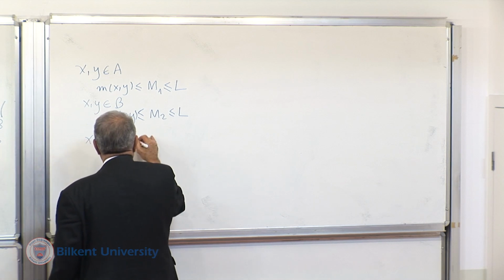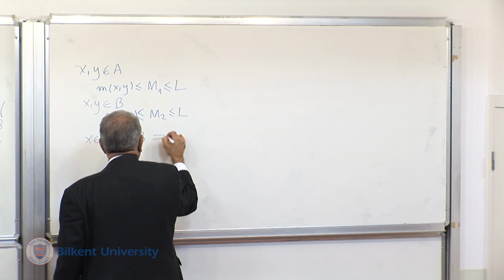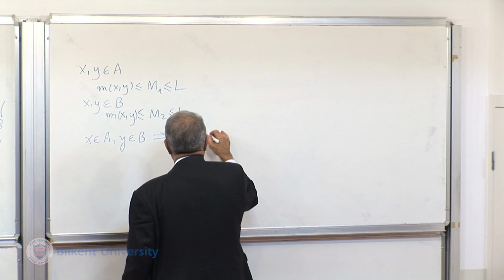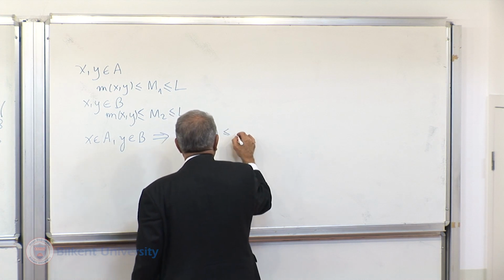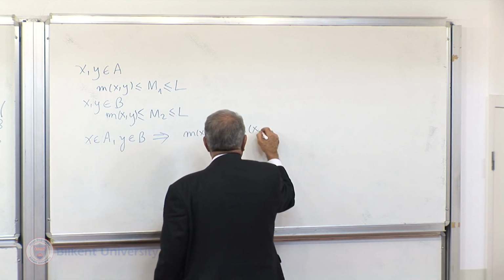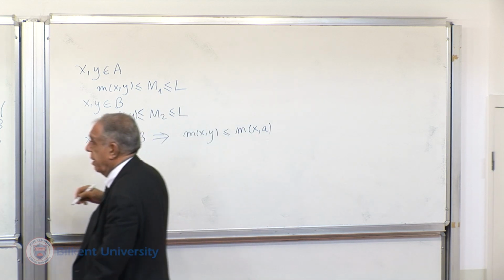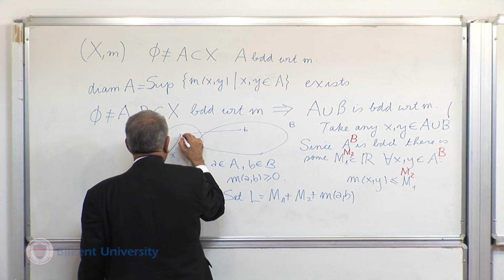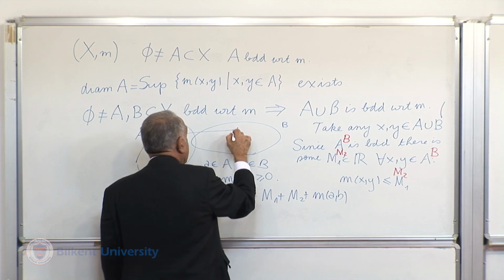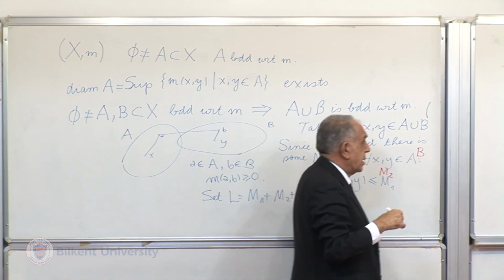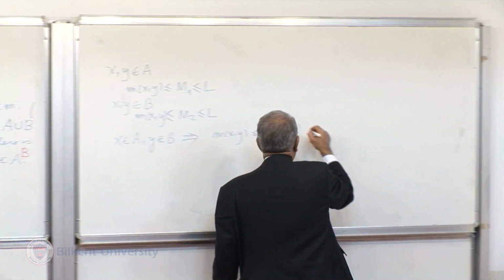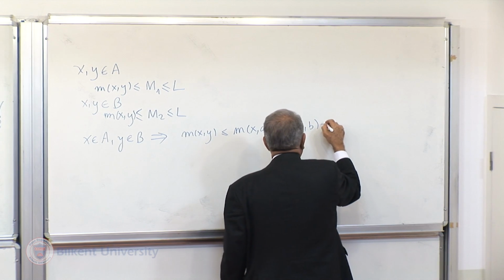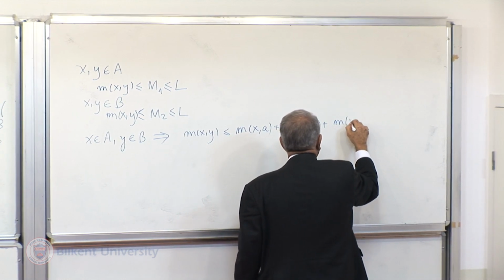When x is in A and y is in B, then this will imply that M(x,y) will be less than or equal to M(x,a). x is in A, so we take its distance from a. y is in B, we take its distance from b, plus M(a,b) plus M(b,y).